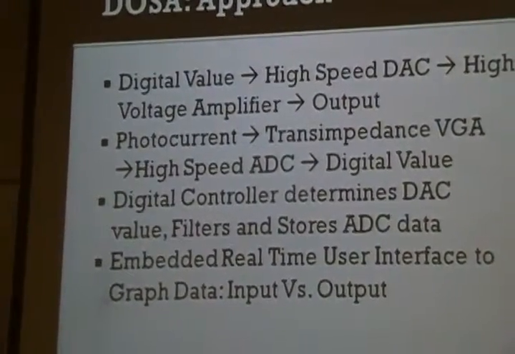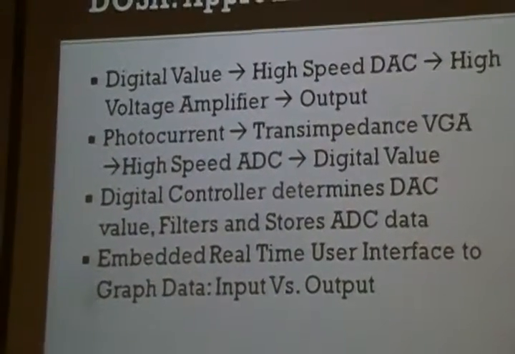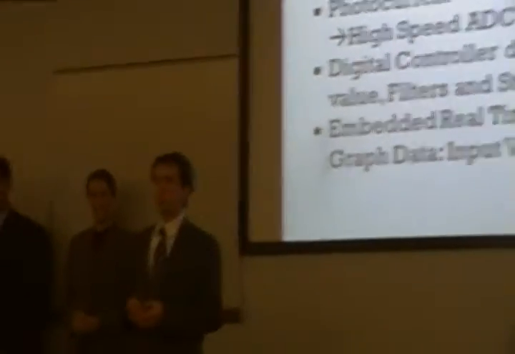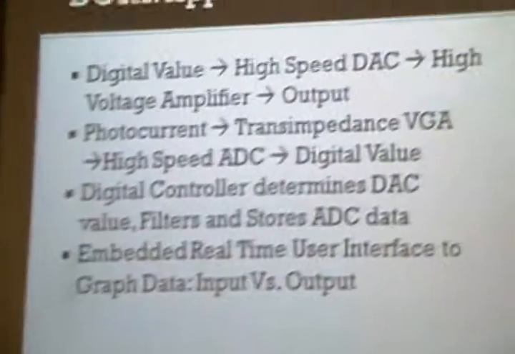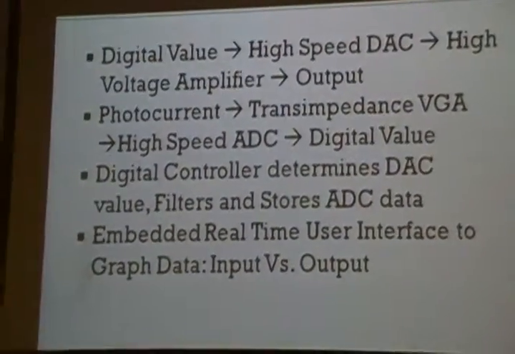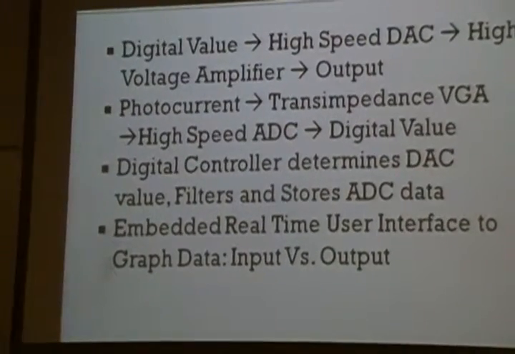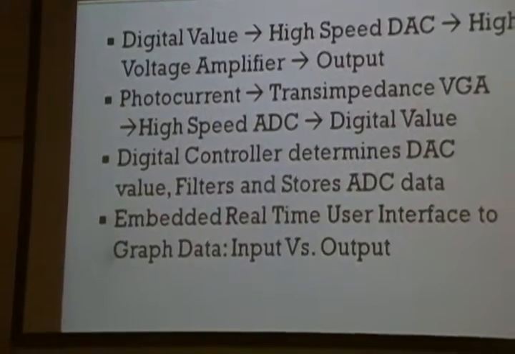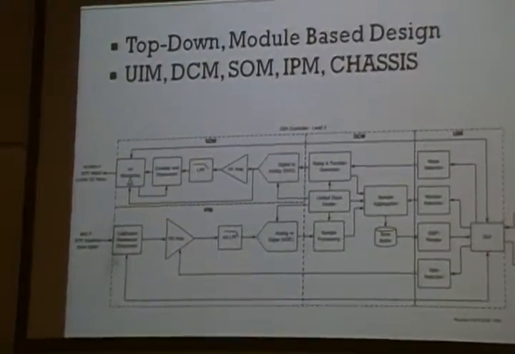From that A to D converter, we get a digital value back. The digital value will be cleaned up and filtered using a control module, and then we would interface with a real-time embedded user interface. A real-time embedded user interface will take inputs from the user based on scanning parameters for the laser, and then it will take the data values and graph them. Well, after we graph the data values, we can then manipulate them.